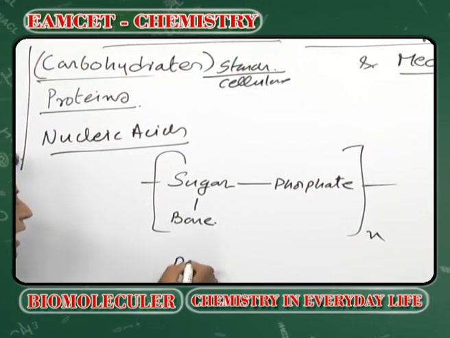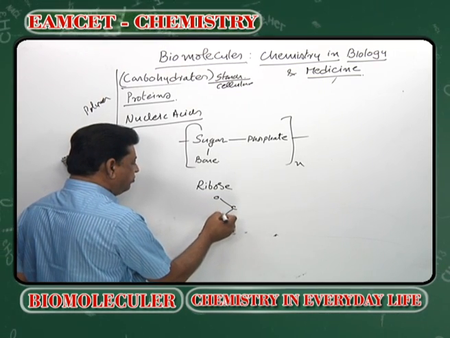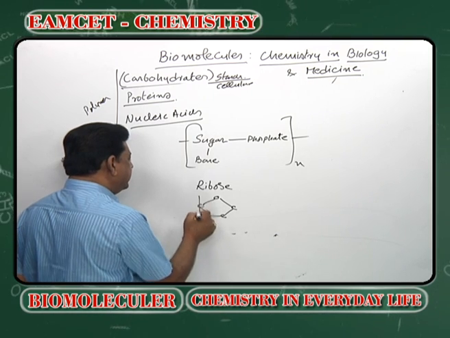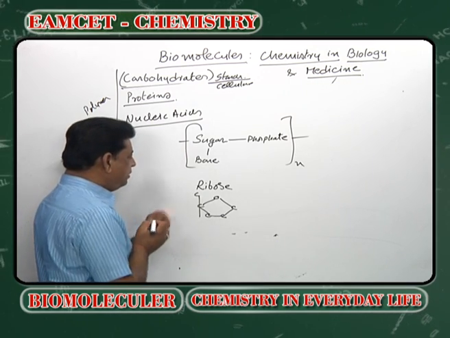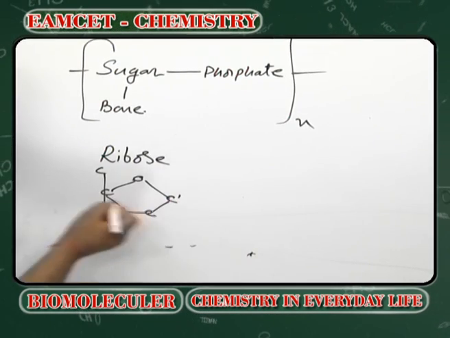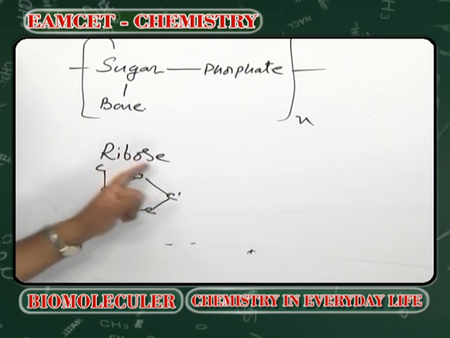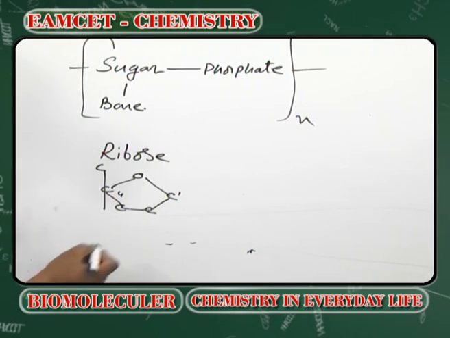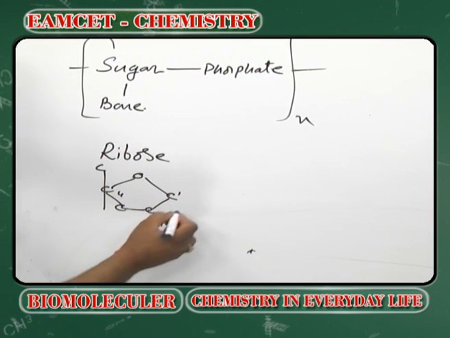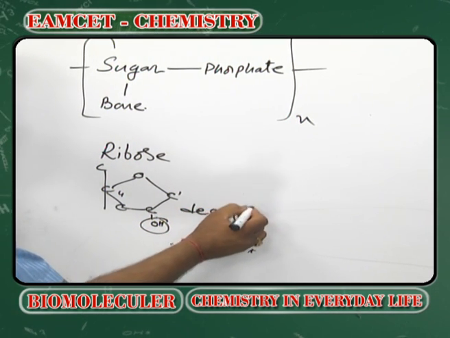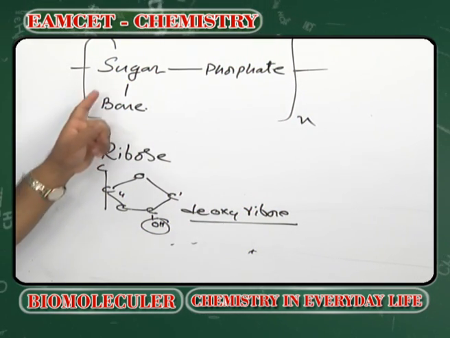It will generally be a ribose, a cyclic form of a 5-membered ring, with 4 carbons and the oxygen in the ring, and 1 carbon out here. The first carbon and the 4th carbon are internally linked, a hemiacetal structure. At the second carbon we have an OH, so it is a ribose. If this OH is missing, it is called deoxyribose. Both ribose and deoxyribose are there as a sugar unit.